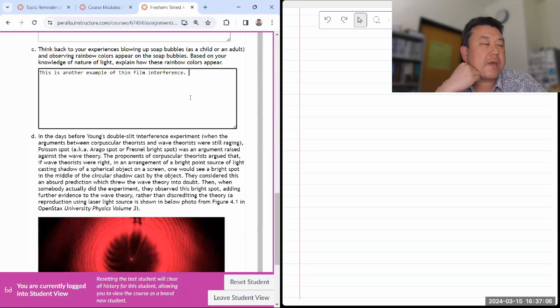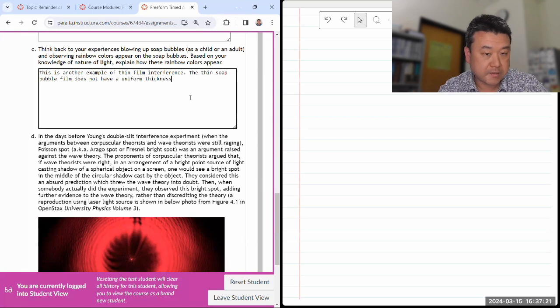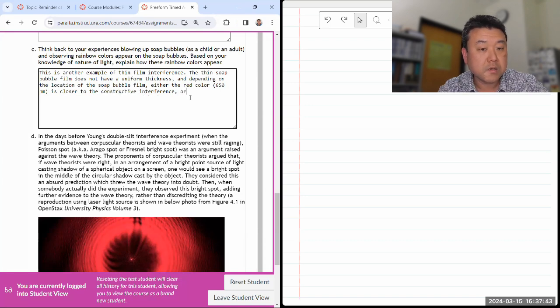And I guess the way I would explain the rainbow colors is the thin soap bubble film does not have a uniform thickness, and depending on the location of the soap bubble film, either the red color around 650 nanometer is closer to the constructive interference, or another color like green at 500 nanometer or blue at 400 nanometer is closer to the constructive interference.